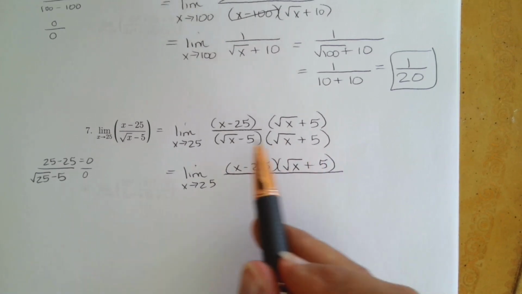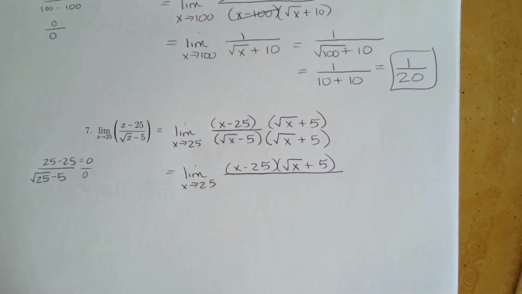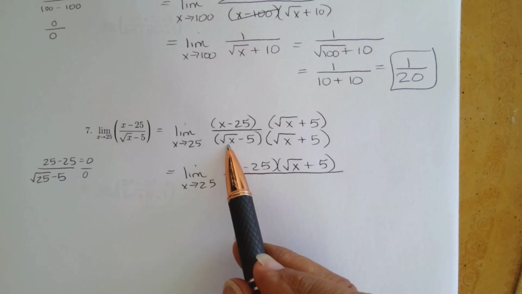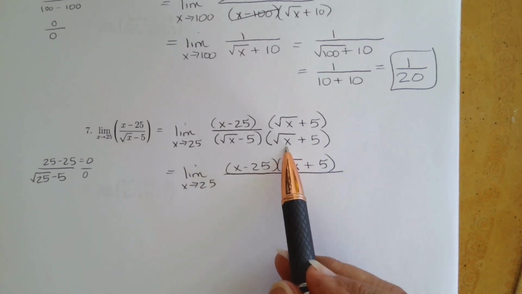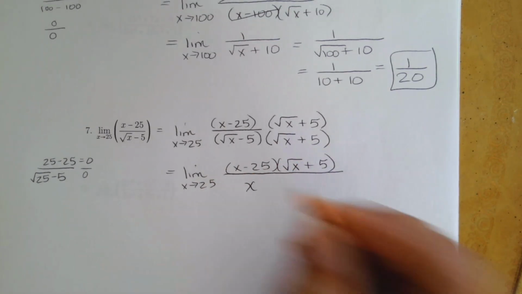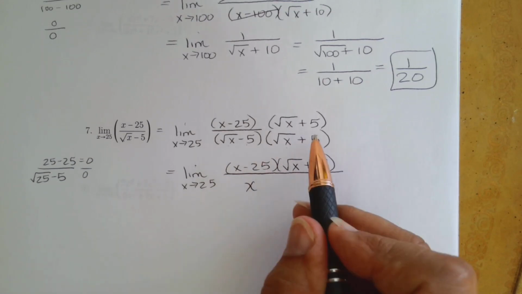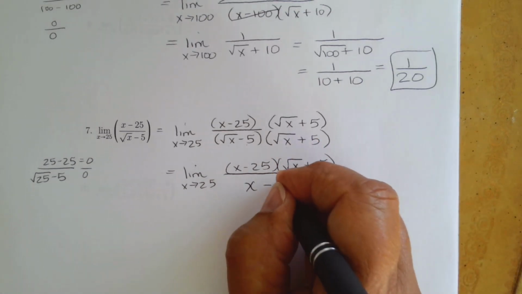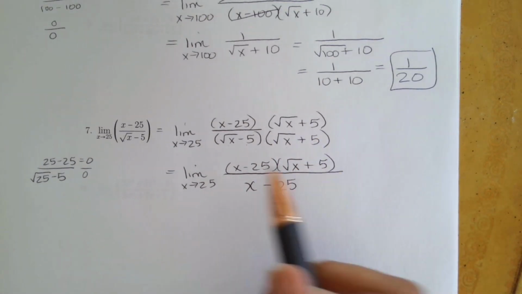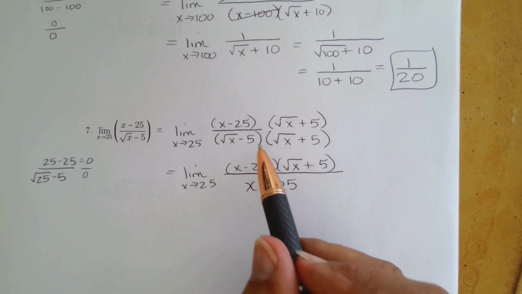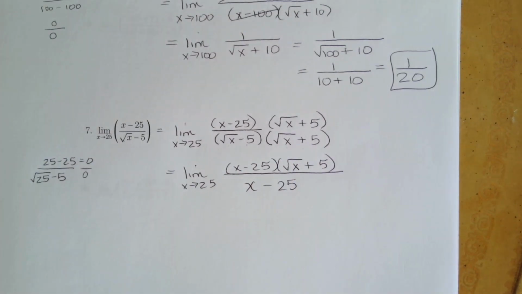And when you do the conjugate, remember, you just do first and last. So square root of x times the square root of x is the square root of x squared, which is x. Minus 5 times positive 5 is minus 25. You don't have to do the outer and the inner because they will always cancel out. You can, but you don't need to because they will always cancel out.